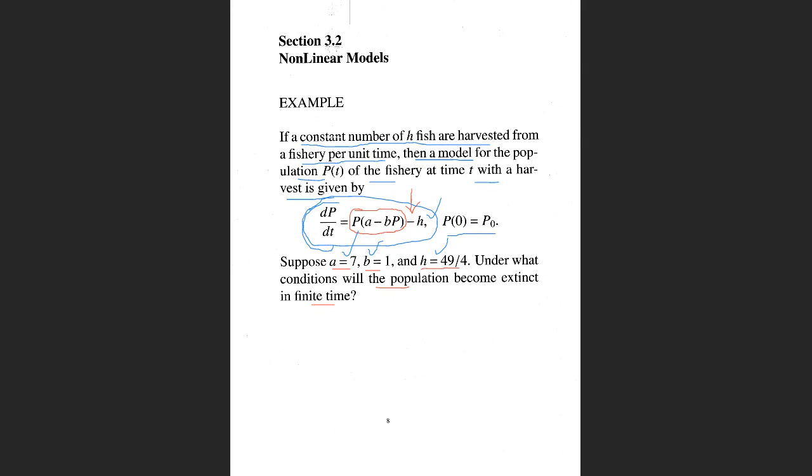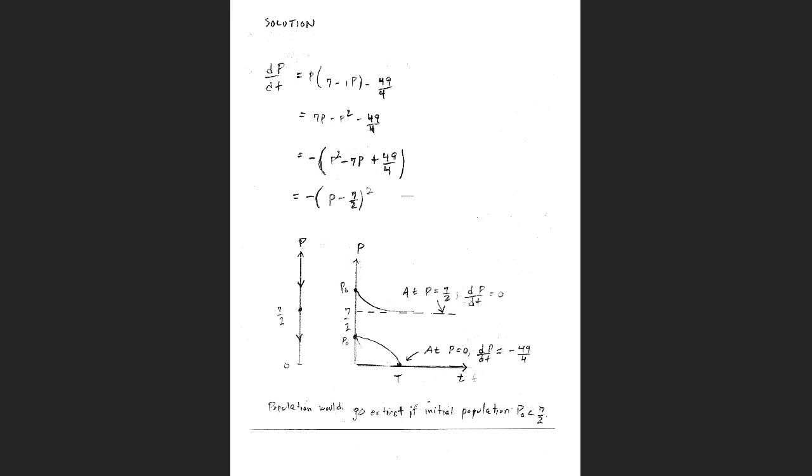Okay, very good. Well, then, all right, so look what I do here. I substitute in my value of A, which was 7, my value of B, which was 1, and my H value was 49/4, the harvest rate.